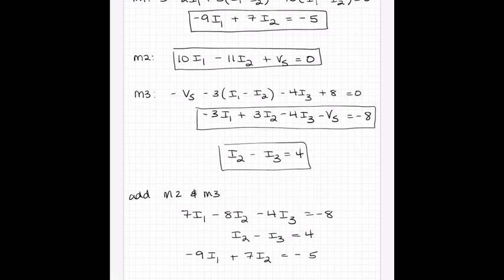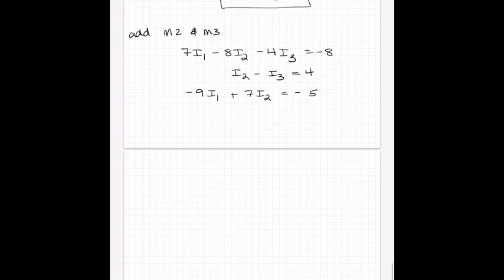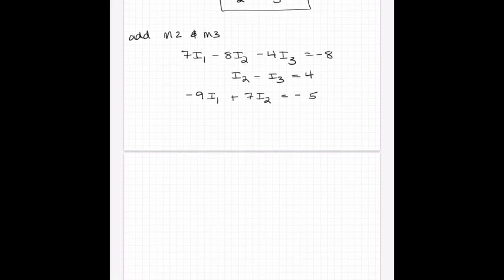You could simplify this further, or you could go ahead and put this into your calculator and get the answers that you need. When you do get those answers, they should be that I1 is equal to 3.86 amps, I2 is equal to 4.25 amps, and I3 is equal to 0.25 amps.